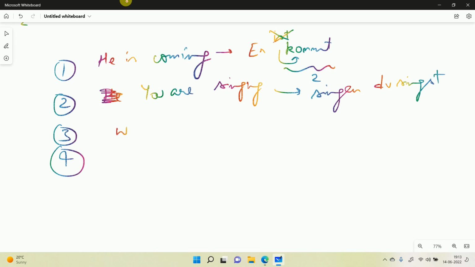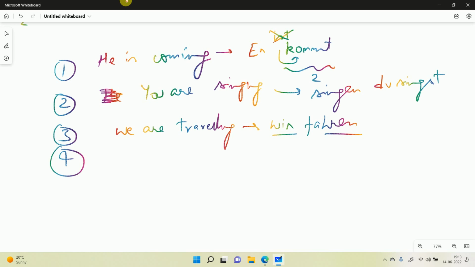Then we are traveling. Somebody else? Wir fahren. No? Because ich fahre, du fahrst, er fährt, wir fahren, ihr fahrt, sie fahren. So for wir, the third form of fahren will be used.